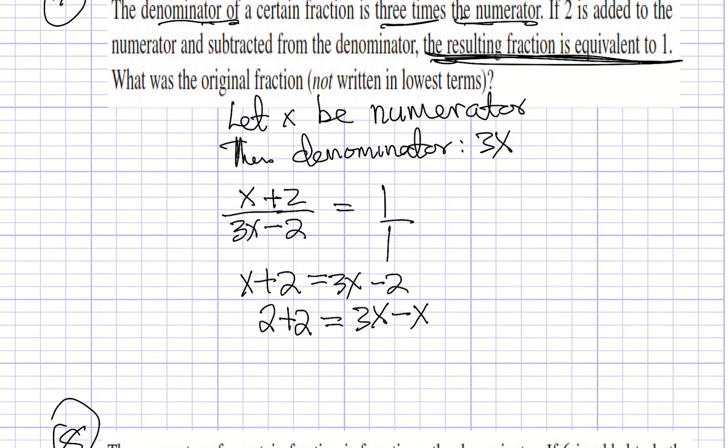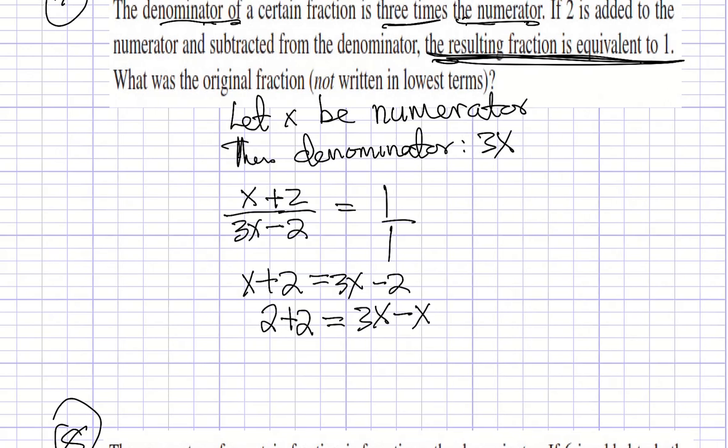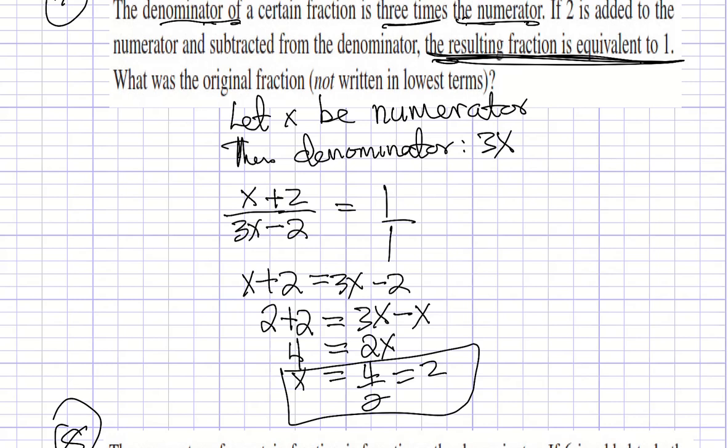So you simplify, what do you get? You get 4 equals 2x. Or you say x equals 4 over 2. That is 2. So that's what we got for x. So once we get that, what is the equivalent fraction?